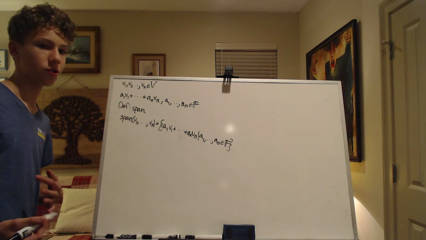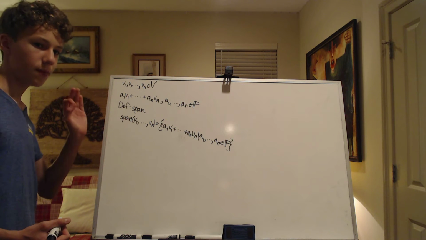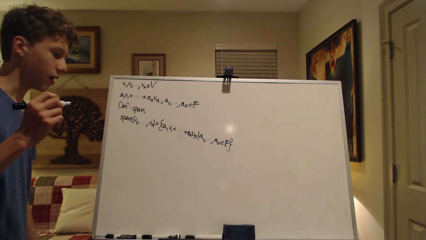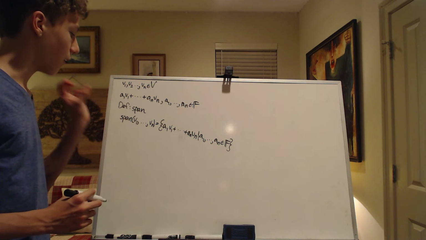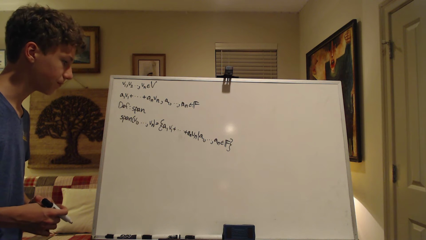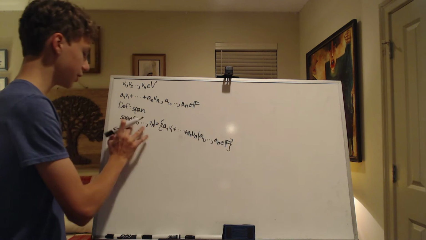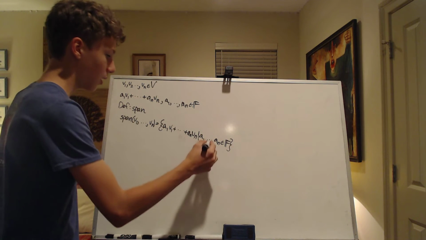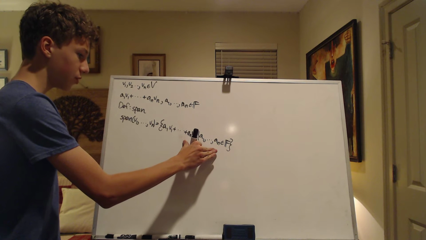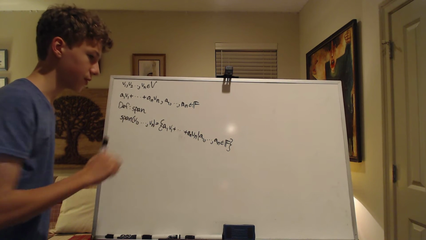A finite dimensional vector field is a vector field which is spanned by a finite number of vectors. So once we prove that the span is a vector field, this resulting set is a finite dimensional vector field because it's spanned by a finite number of vectors.